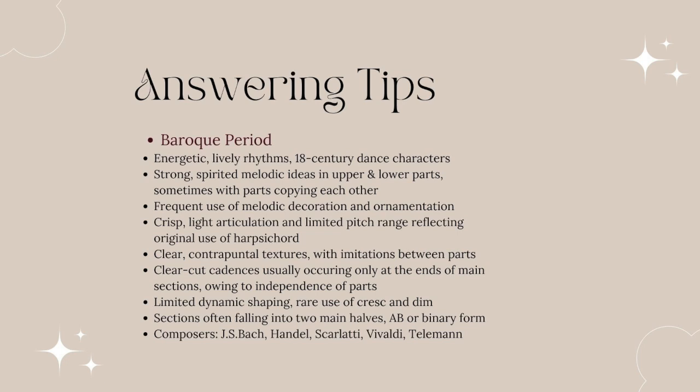Clear-cut cadences usually occurring only at the ends of the main sections, owing to the independence of parts. Limited dynamic shaping with a rare use of crescendo and diminuendo. The sections often falling into two main halves, which is AB or binary form. Some composers from the Baroque period are J.S. Bach, Handel, Scarlatti, Vivaldi, and Telemann.